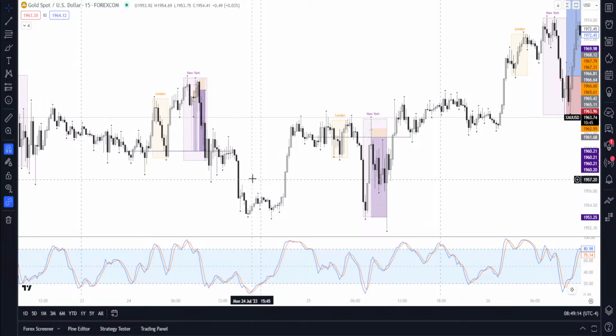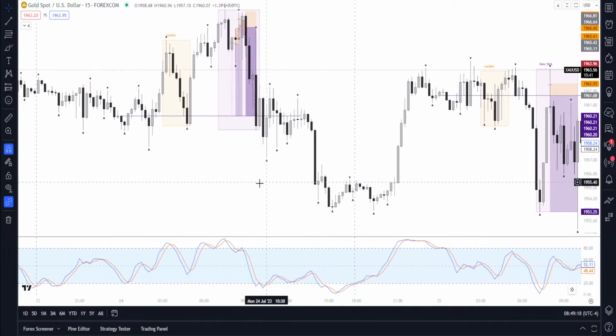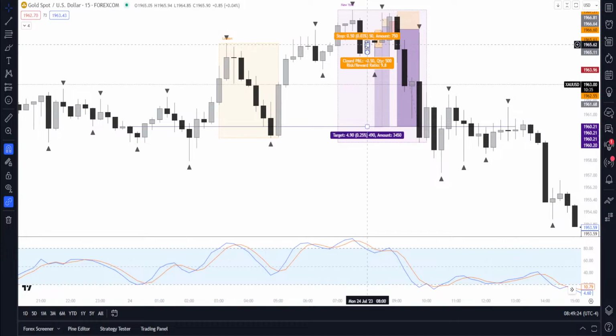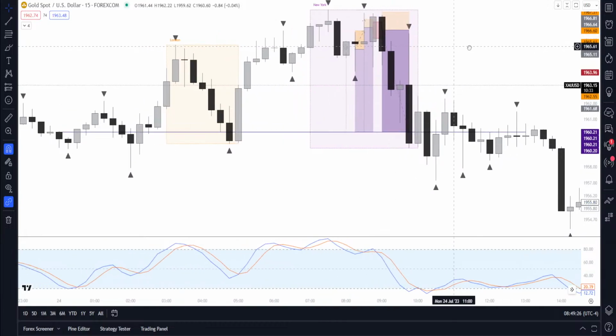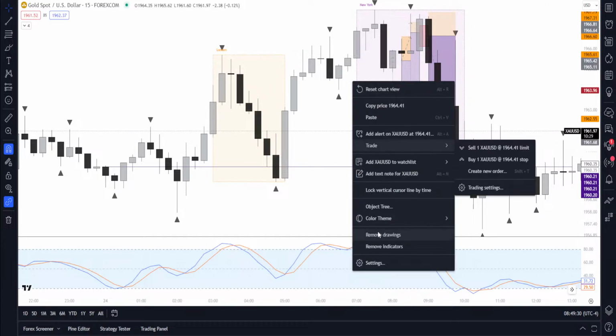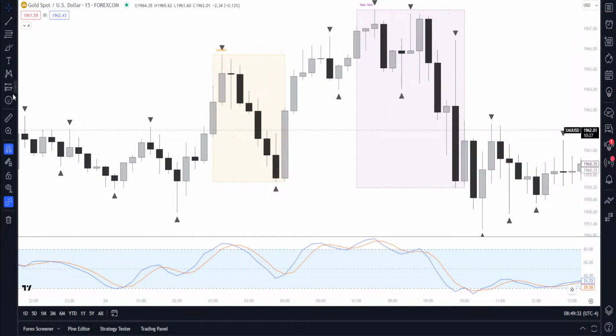But anyway, it might have been this day here that it had the signal. Yeah, it did have a signal here, and I do believe the signal was right here after this blue candle close, or up candle close. And if I just remove drawings, we short right here.